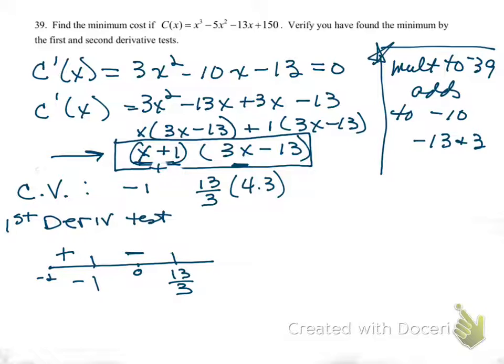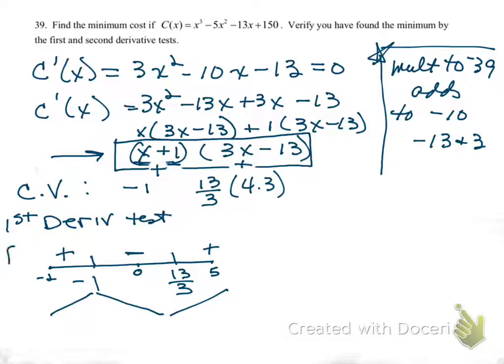The decimal equivalent of 13/3 is 4.3, so why don't we test 5? If I plug a 5 into the first factor, that's positive, and that's also positive. A positive times a positive is a positive. That's my sign chart. The analysis gives me positive slope here, negative slope here, positive slope here.